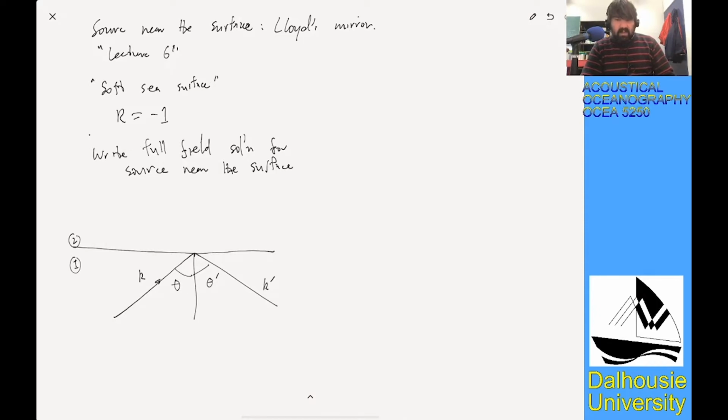And okay, let's write the solution here. So we know in region 1, P in two-dimensional xz, we're going to have e to the i k dot x, and then we're simply going to have minus e to the i k prime dot x, which is the same as k, right?